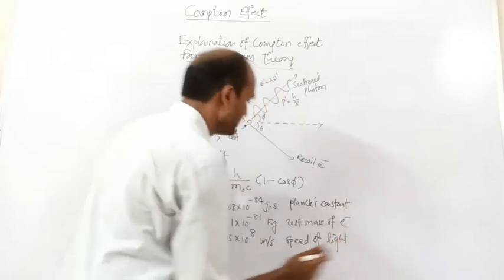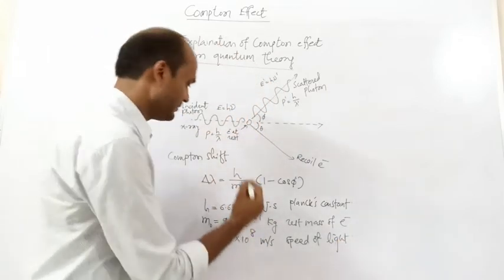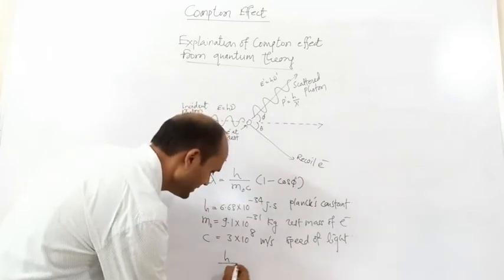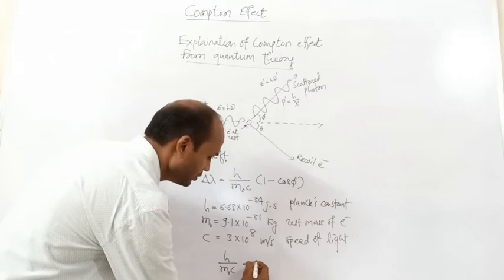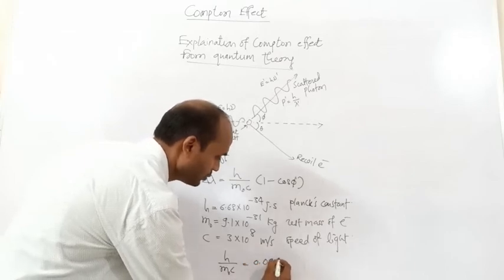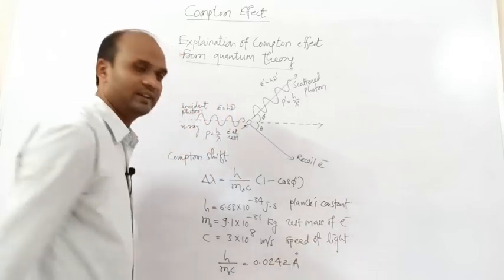Now using these values we can determine the value of this constant, and it is observed that h upon m0c is equal to 0.0242 angstrom unit.